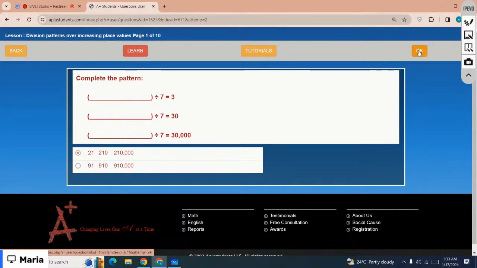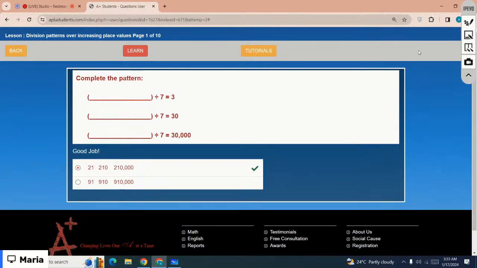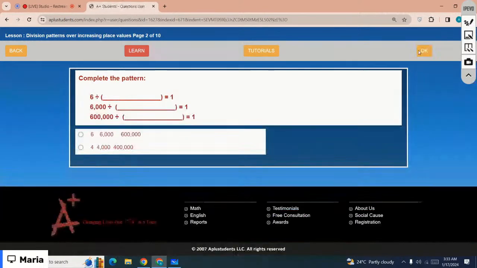Okay, the next one is 6 divided by what number equals 1? 6,000 divided by what number equals 1? And 600,000 divided by what number equals 1? So whenever you get the answer 1, that means you are dividing two same numbers.